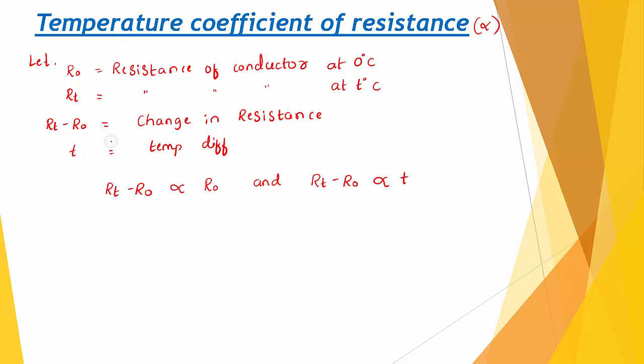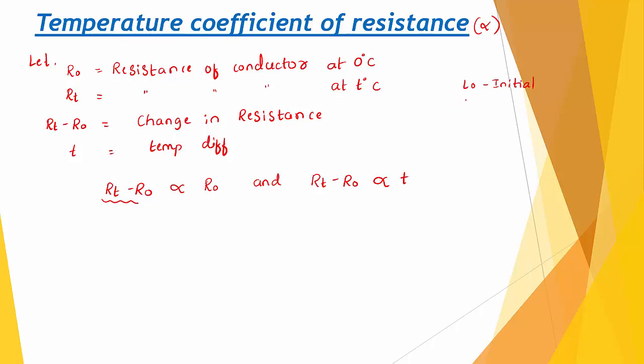So RT minus R0, the change in resistance, depends on two factors: initial resistance and temperature. Just like linear expansion. We consider L0 as the initial, original length of the metallic rod. When we increase temperature, there is an increase in the length.